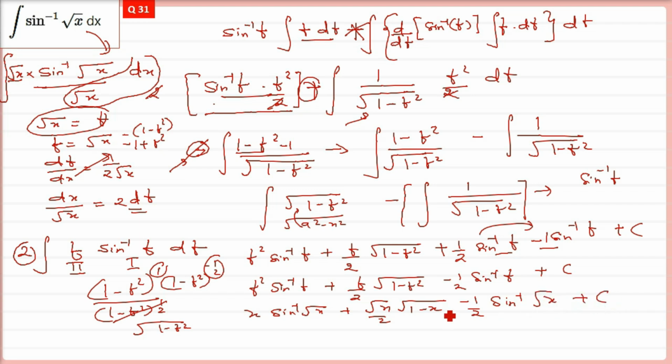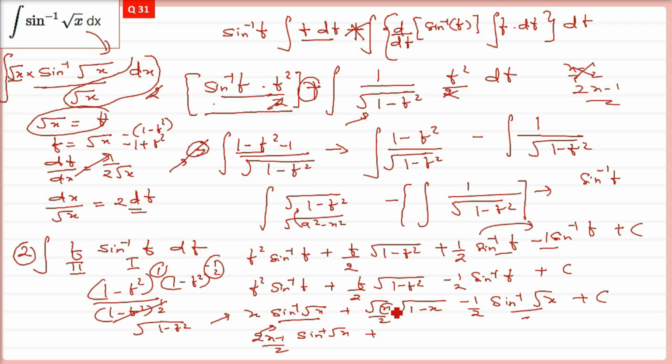And if you want, you can resolve it again. How you can resolve it? Because we have a sine inverse under root x in two terms, you can combine the first term and the third term. If you take this sine inverse under root x common, x minus half will come. So x minus half will give you what? 2x minus 1 by 2. So 2x minus 1 by 2 sine inverse under root x.